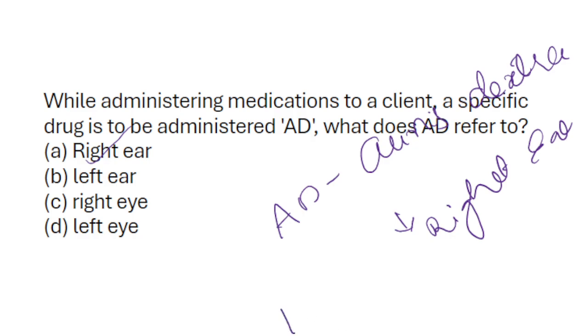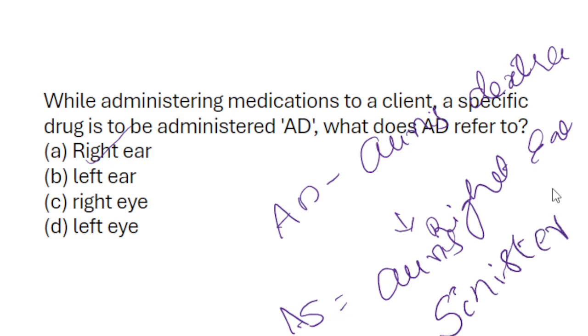AS means oris sinister. Oris means ear. Dextra means right, so AD is right ear.